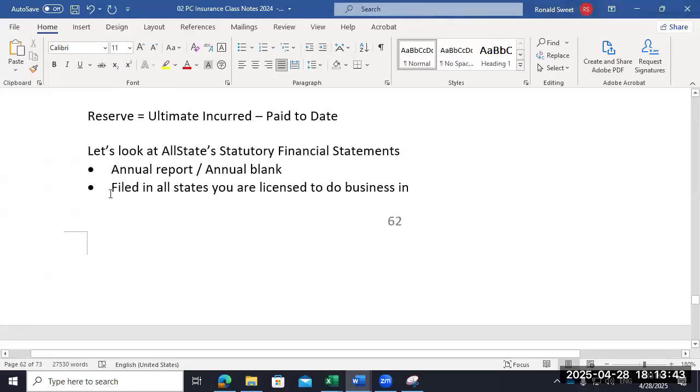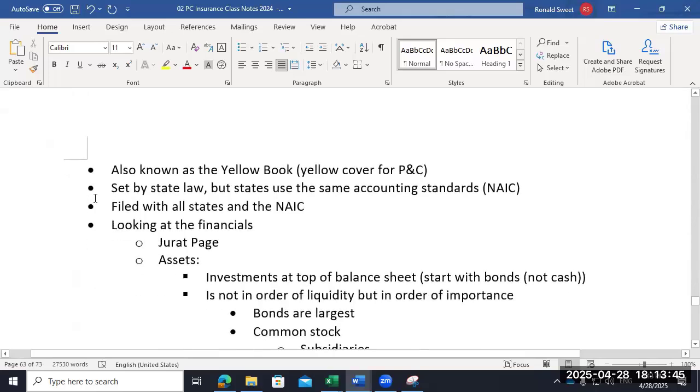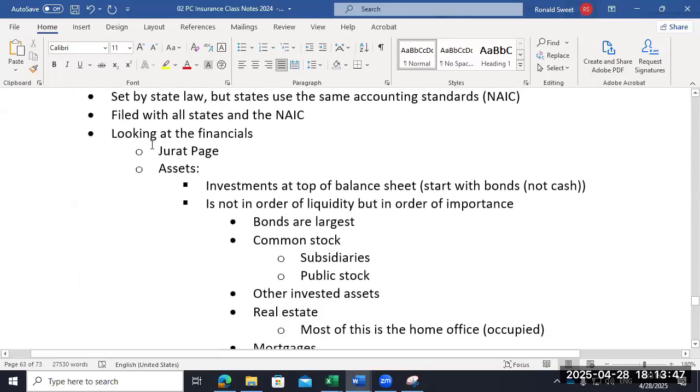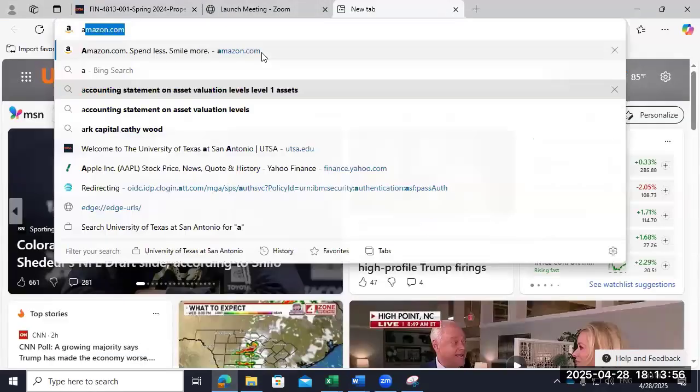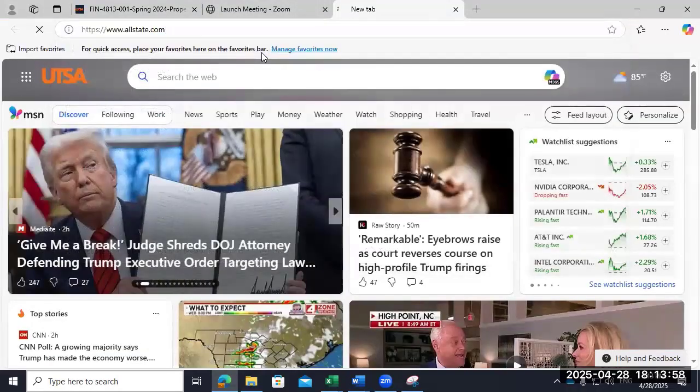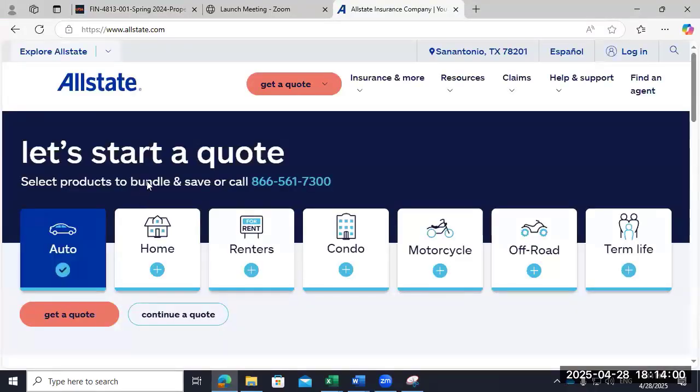So we've looked at Allstate's financial reports. We talked through most of this stuff. There's a few things in the report. So the way I find it, like if you're interviewing for a firm, you just go to allstate.com and they're going to bring it up for their customers. You're not looking for that.